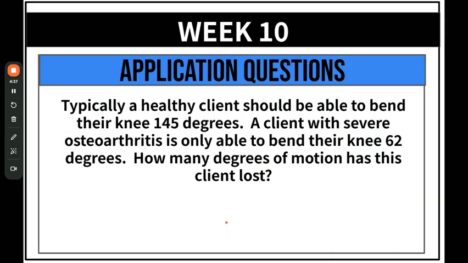Typically, a healthy client should be able to bend their knee 145 degrees. A client with severe osteoarthritis is only able to bend their knee 62 degrees. How many degrees of motion has this client lost? Okay, so this is a simple subtraction problem.